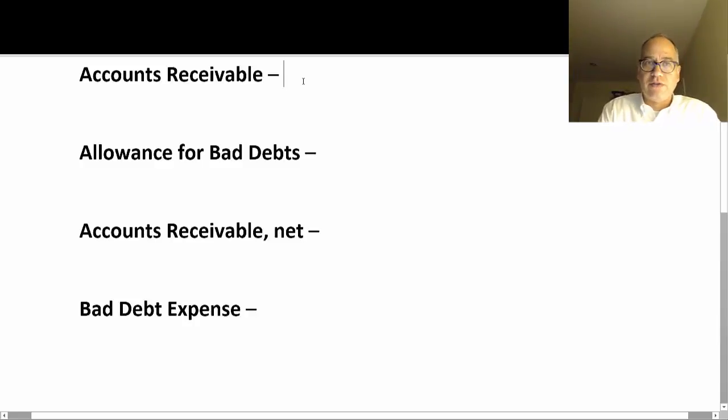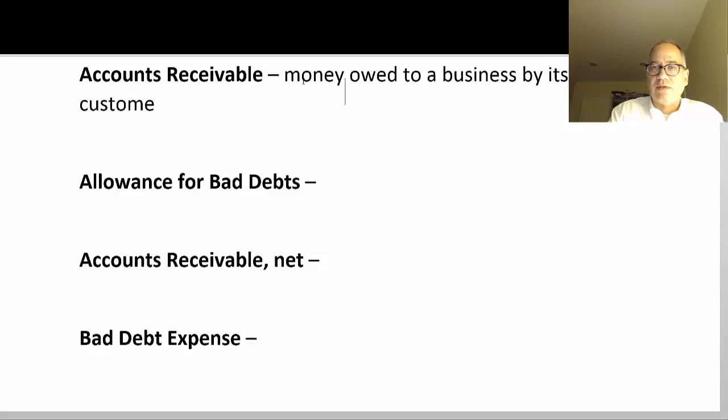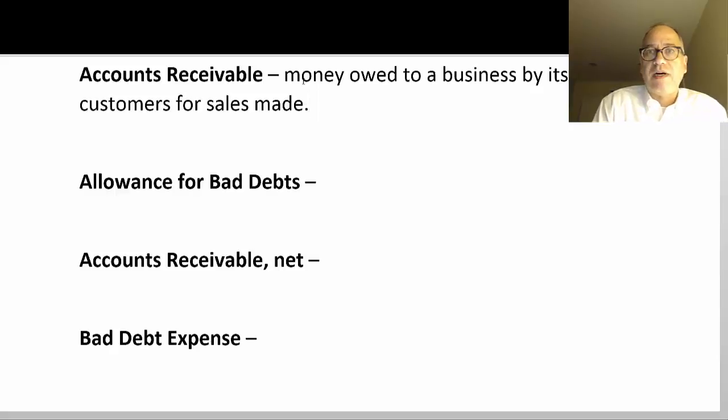So a good working definition of accounts receivable is money owed to a business by its customers for sales made. Typically, companies make sales to customers and it takes a while to collect the money. It's not like when you buy something in the store and you're expected to pay immediately.